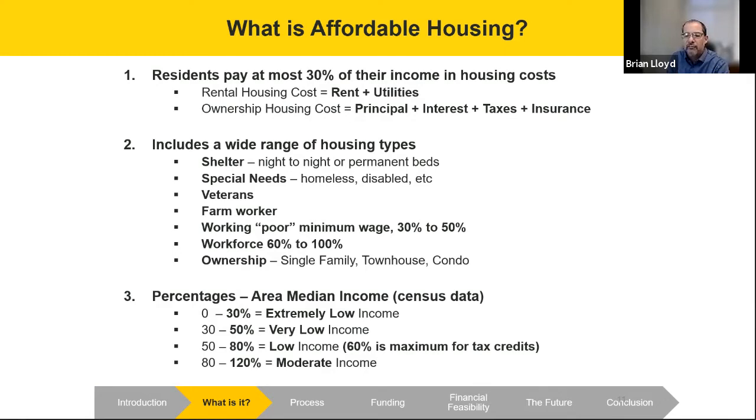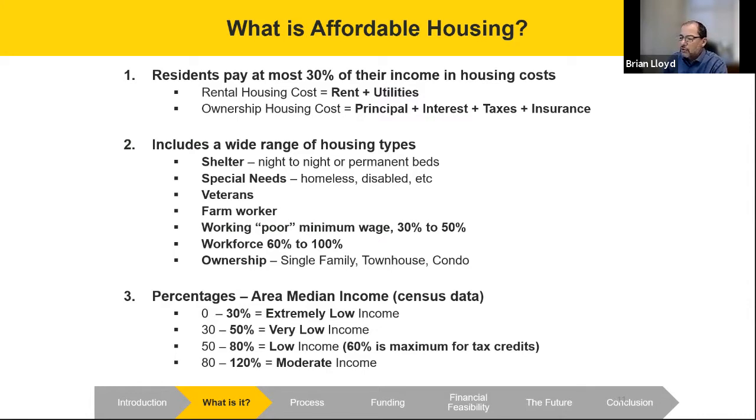So, let's say the median income in your county is $100,000 for a family of 4. So 0 to 30% would mean that folks earning up to $30,000 a year are considered extremely low income. Those earning up to 50% of area median income are considered very low income. 50 to 80 is low income, and 80 to 120 is moderate income.